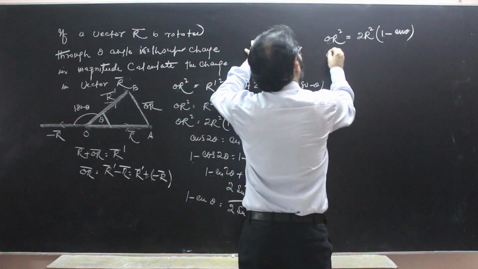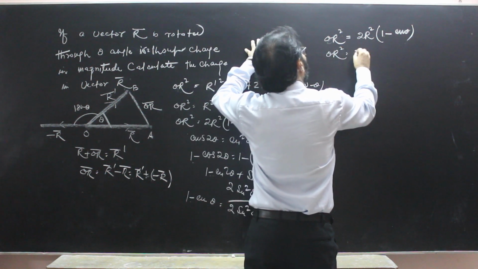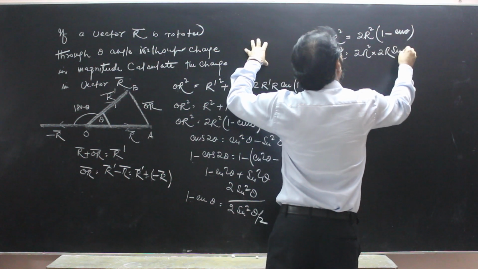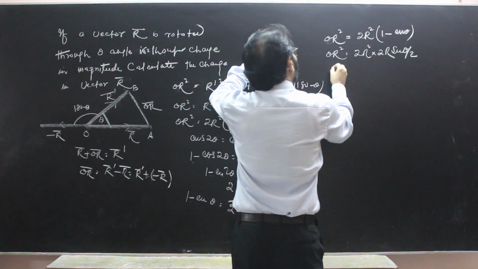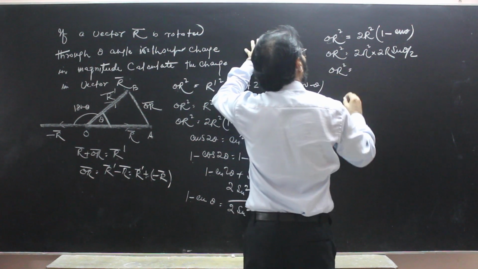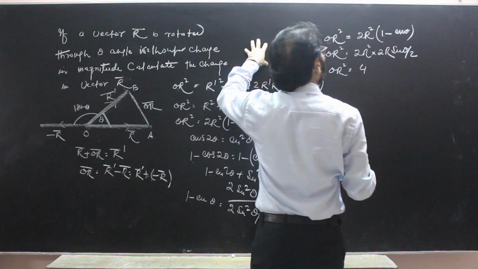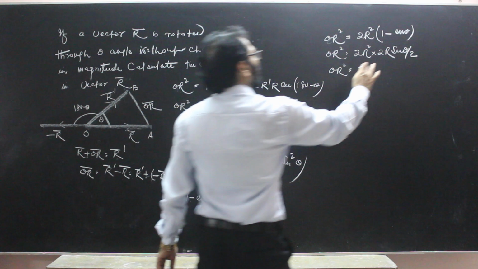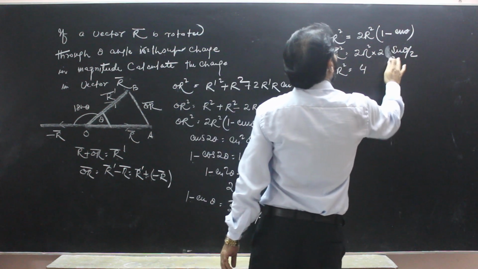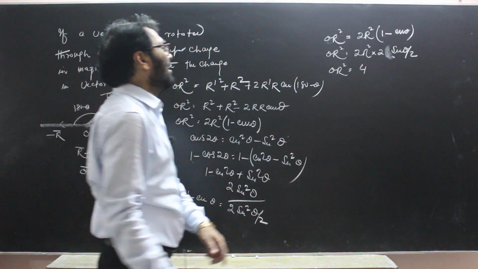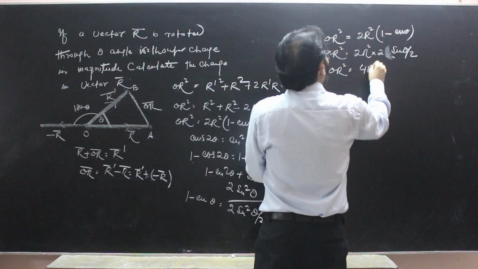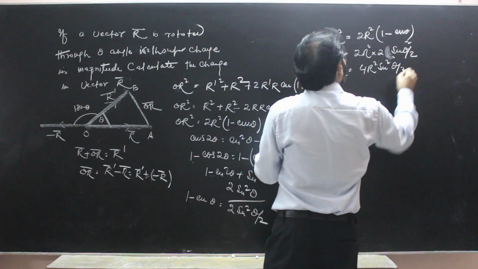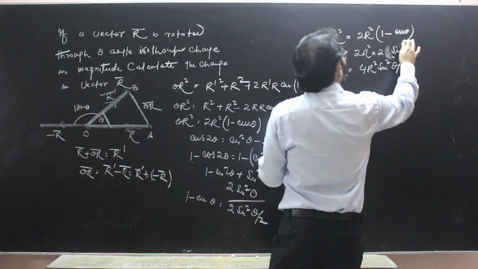So delta r square is 4r square sin square theta by 2.